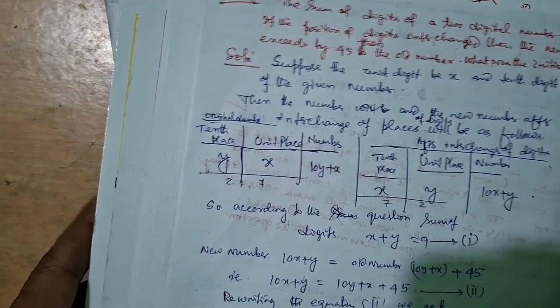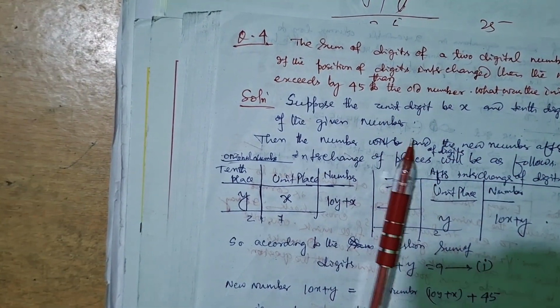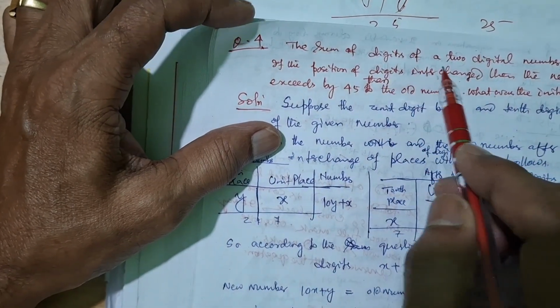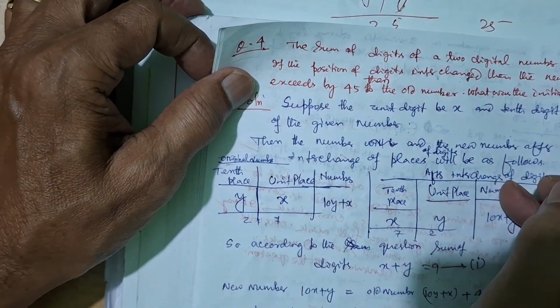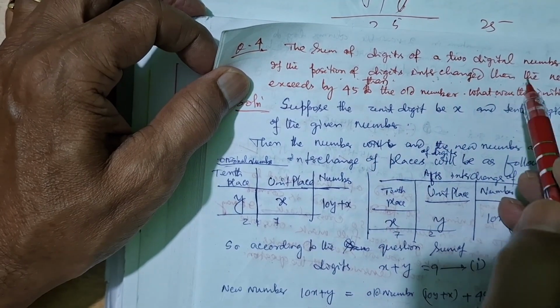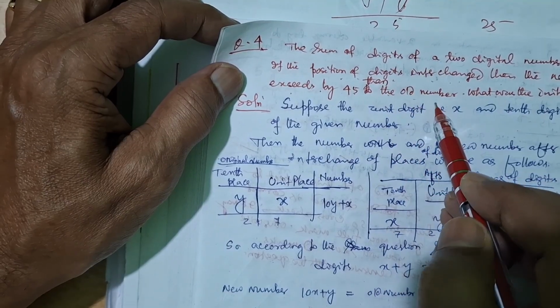So, now let us solve a problem, depending on this digit or number question. The sum of the digits of a two-digit number is 9. If the positions of the digits are interchanged, then the new number exceeds the old number by 45.